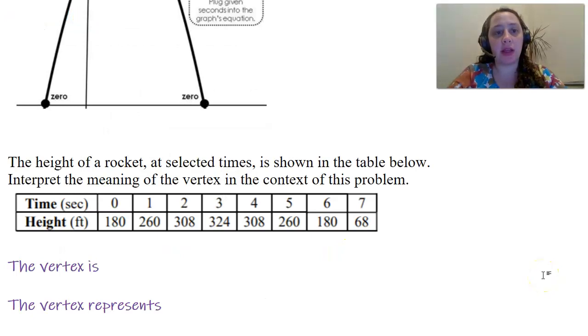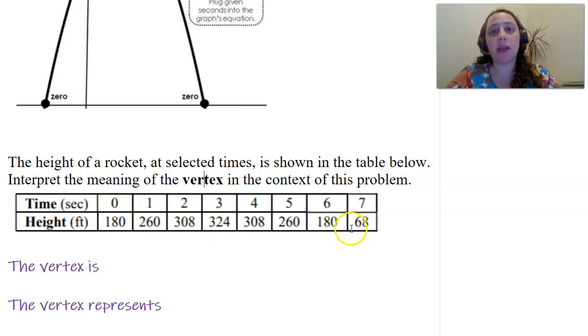The height of a rocket at selected times is shown in the table below. Interpret the meaning of the vertex in the context of this problem. So here we have a rocket being launched. So we want to find this vertex. The vertex from a table is the y value that does not repeat, or that's the highest or the lowest.